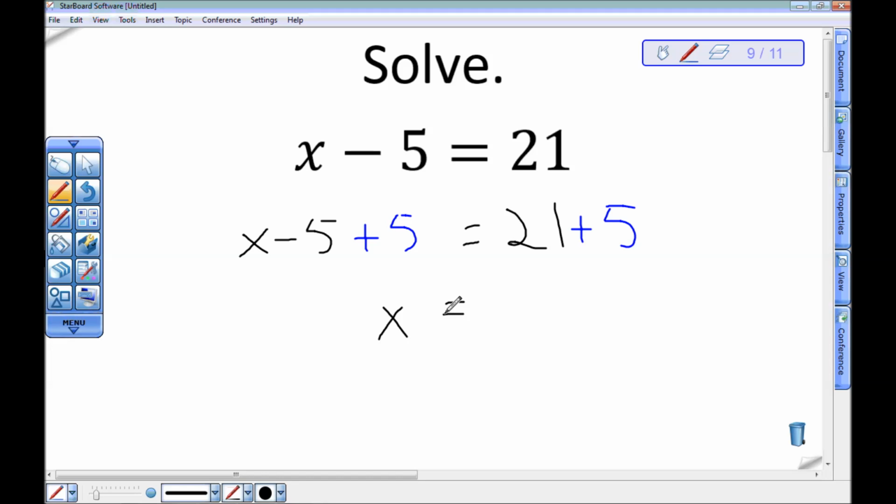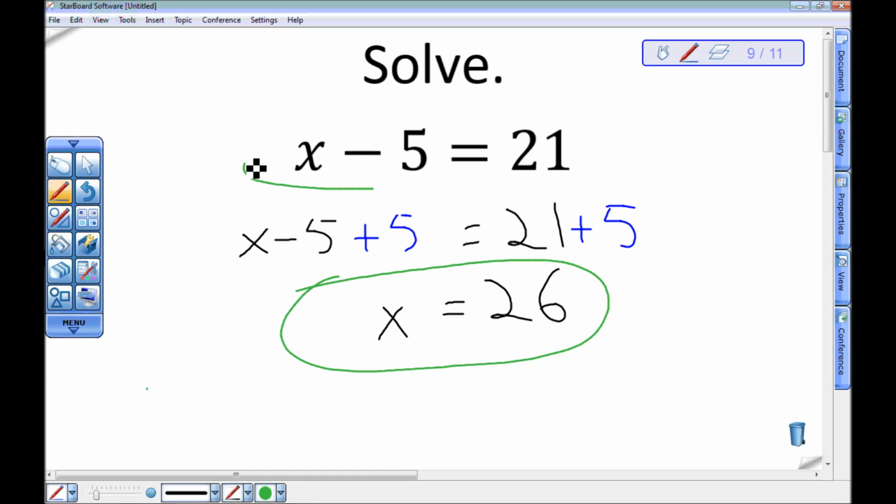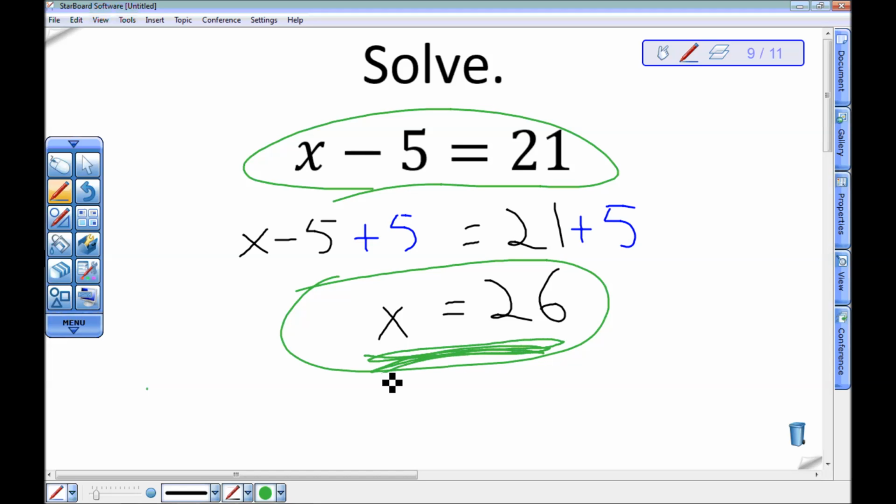When I simplify the right side I will have 26. If this equation is equivalent to that equation up there, then 26 must be the solution for that equation as well. The only number that makes this equation true is 26, so x has to be 26. Since these are equivalent equations, 26 must also be the solution to the top one.